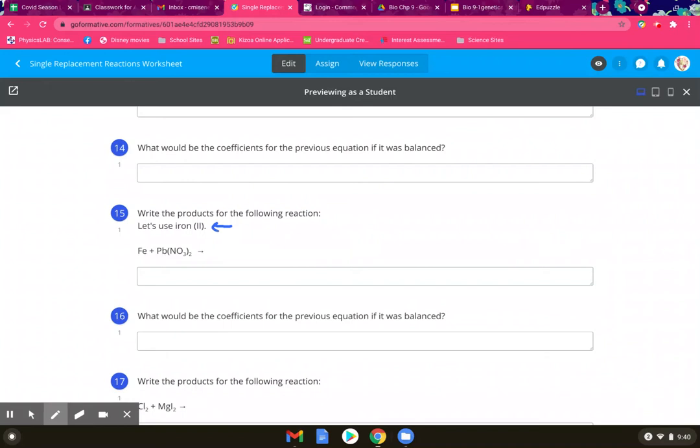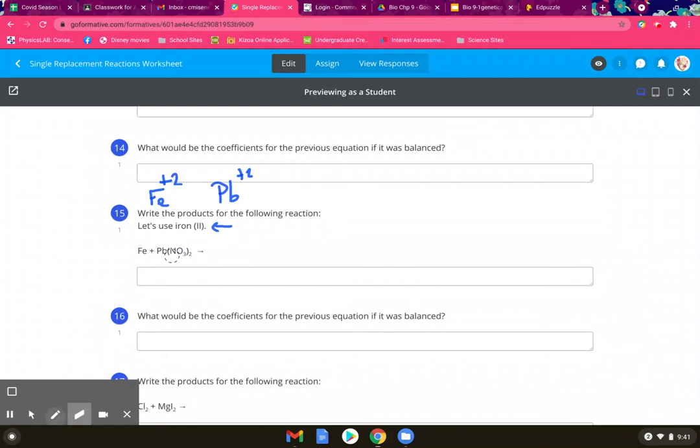It can be multiple things. So that iron 2 tells us that Fe's charge, I'm going to write this up here, Fe is +2. So then we're going to look at the Pb(NO3)2. Now, Pb is also one that can be multiple things, but if we do our uncrisscrossing, that too would tell us that the charge of Pb is +2.